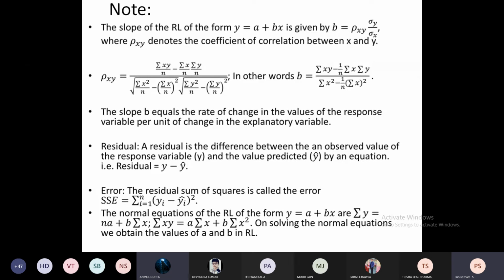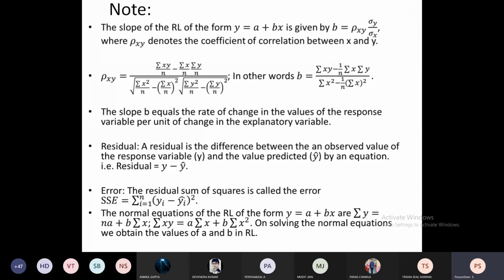Yes, sir. Good. So broadly, this concept also comes under curve fitting. We have simple linear fitting, quadratic fitting, multiple linear fitting, and so on. As far as our syllabus is concerned, we have simple linear regression. Of course, if required we can go to quadratic and then multiple.